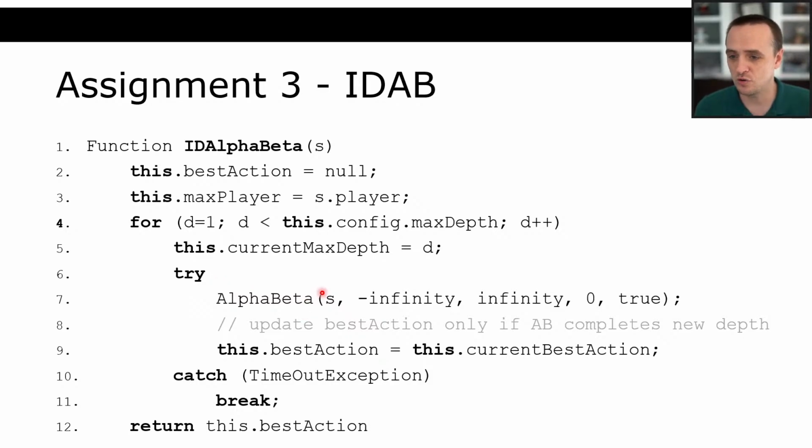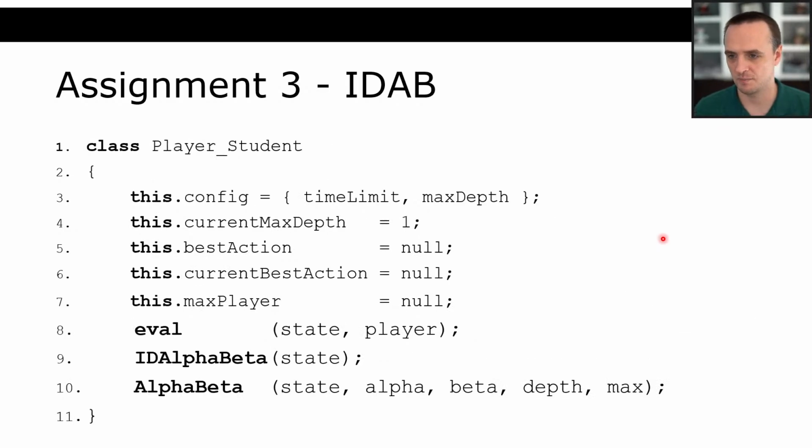And what we're going to do is try to solve AlphaBeta up to that given depth. If AlphaBeta completes, then we will make it to this line of code, which will set the best action accordingly. All right? So we have two values here. We have the current best action. That is the best action that the current iteration of AlphaBeta is thinking is the best action.